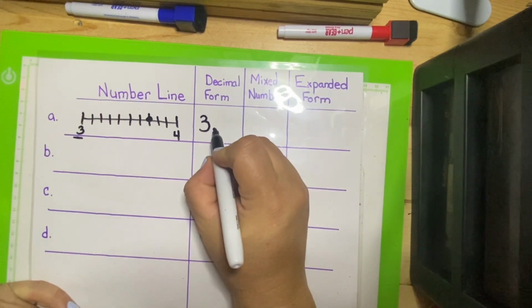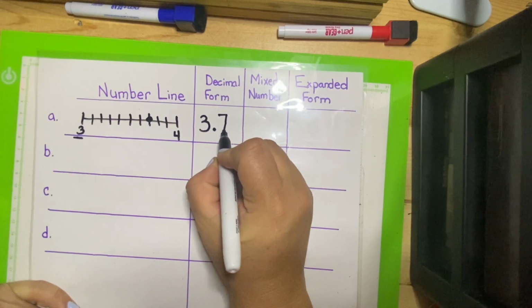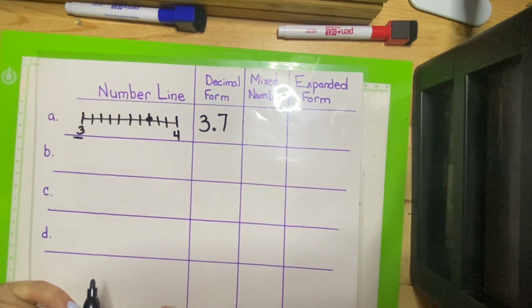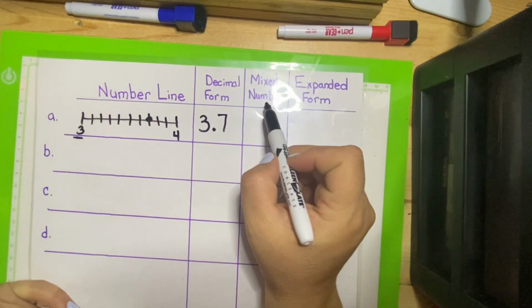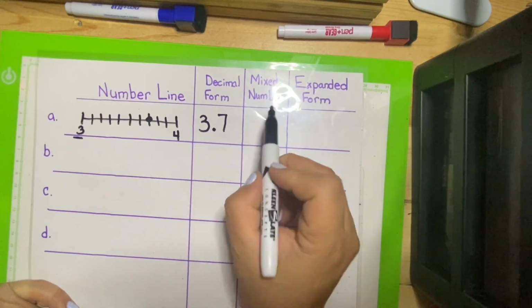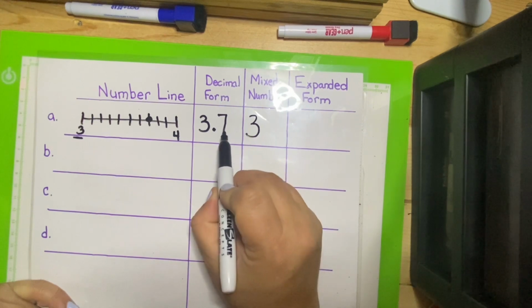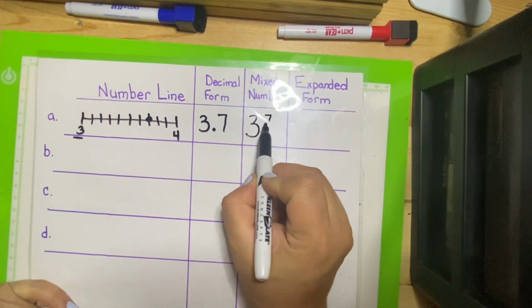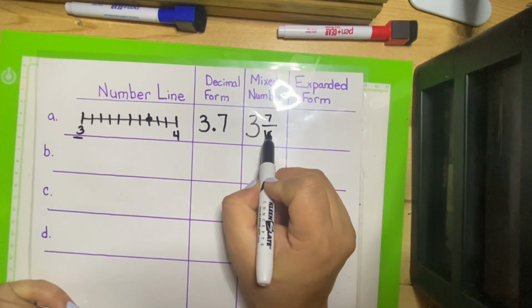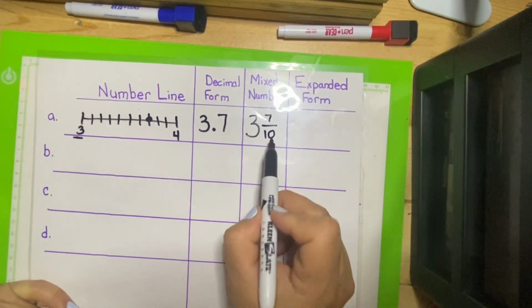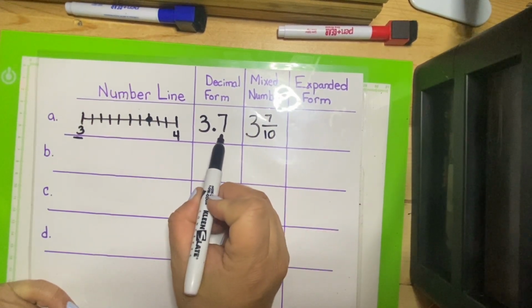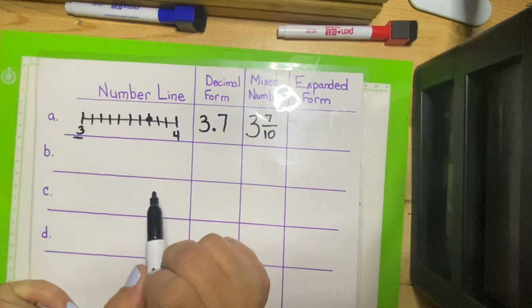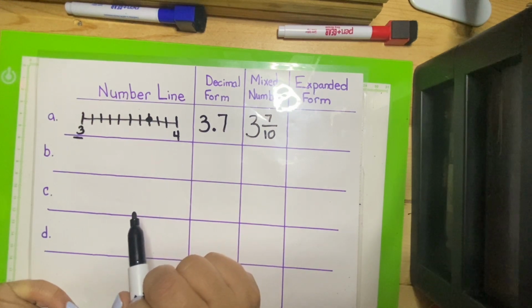So we have 3 wholes and 7/10. Just like that, decimal form. Mixed number, 3 wholes and 7/10. And it's tenths because the 7 is in the tenths place on the place value chart.